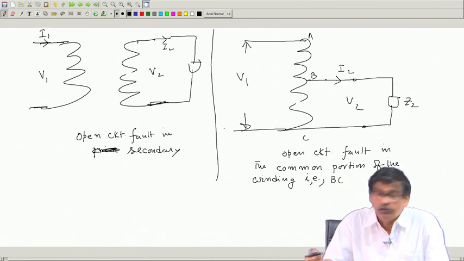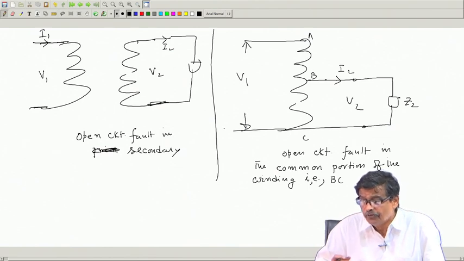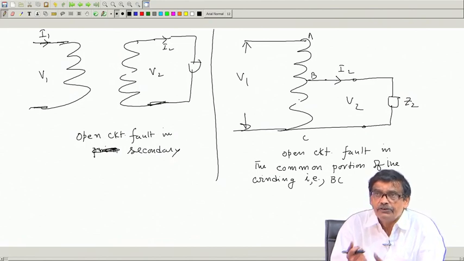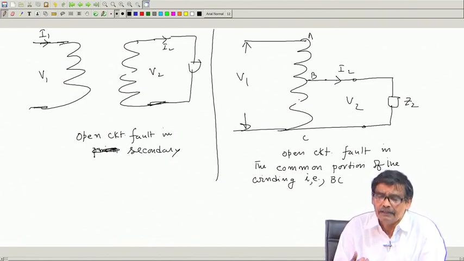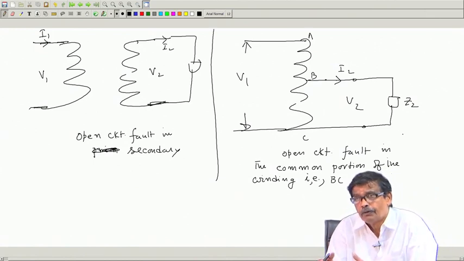And there will be a problem on the load if you apply high voltage, just because of what? Because some open circuit fault has taken place, which is not in your hands. It may happen in a two winding transformer as well as in an auto transformer.